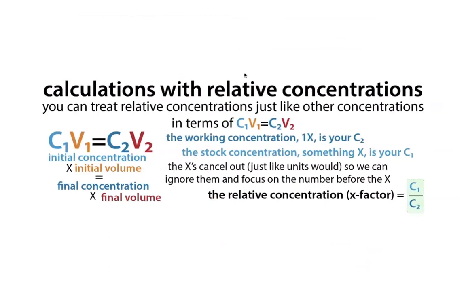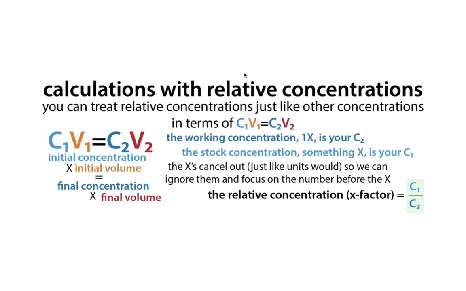So first off, let's deal with that X factor. Basically what that is, is your initial concentration divided by your final concentration. So hopefully you guys are all really familiar with my favorite equation, C1V1 equals C2V2, aka M1V1 equals M2V2, because we often have that concentration in molarity, though we don't always.